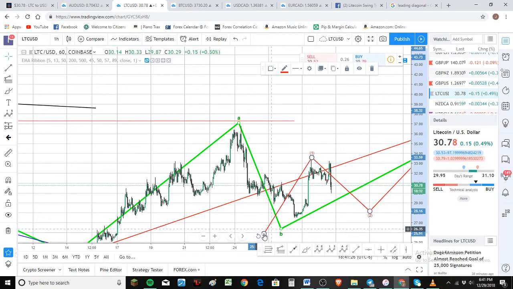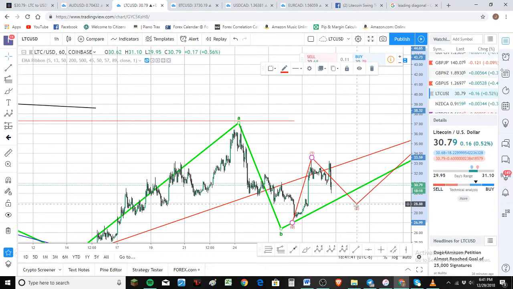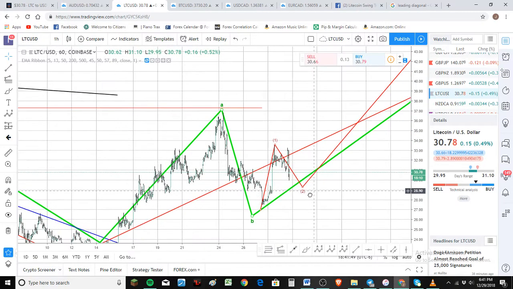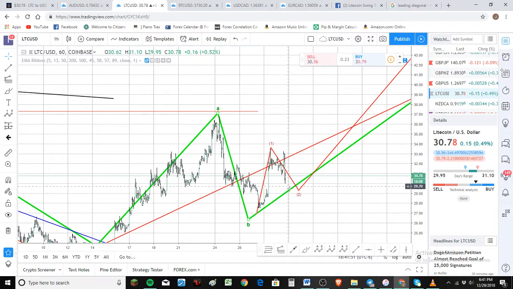It did a wick up there, but this could be the 1 here. 1, 2, 3, 4, 5. Yep, and then we're making the B, which is probably going to come back down here to the $28, 29, 30, 29 range, and then it's going to head up for C. So look for it to go down to about the $29 range.